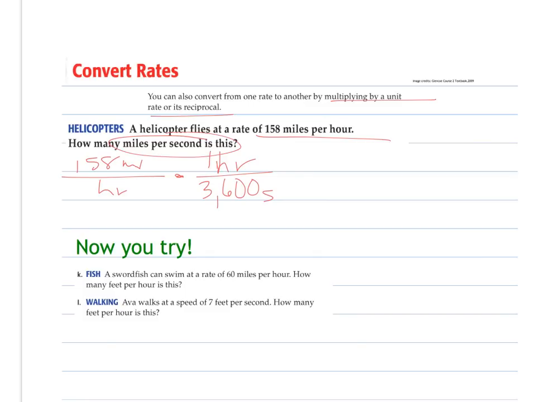And then I can cross cancel, ones go away, and I have 158 over 3,600, which simplifies to 4/100ths of a mile every second.